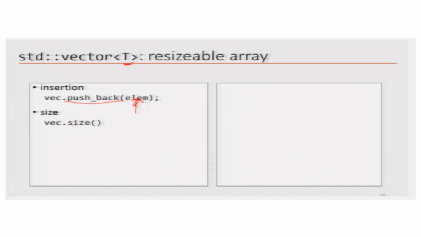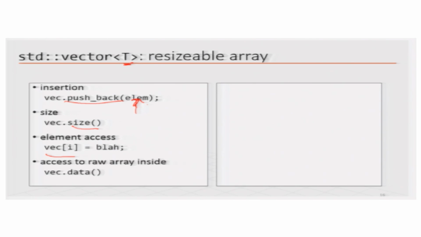Similarly, you can check the size of the vector with the size function. You can also access the ith element of this vector using indexing like an array. So, vector of i equals something would put that thing into the vector's ith position. And if you want to extract the array of information inside the vector, then you can call the data function and it will give you access to the array inside the vector.